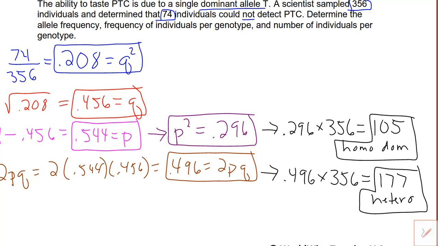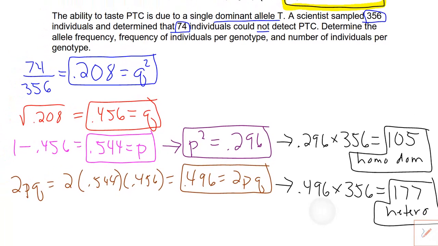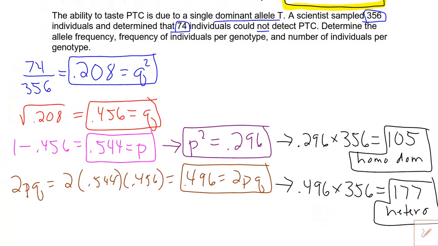Now we have all of our information. We can check our values. We can take our p squared, our 2pq, and our q squared and add them together and make sure that it equals 1 according to the second Hardy-Weinberg equation, and it does. So we're pretty good there.